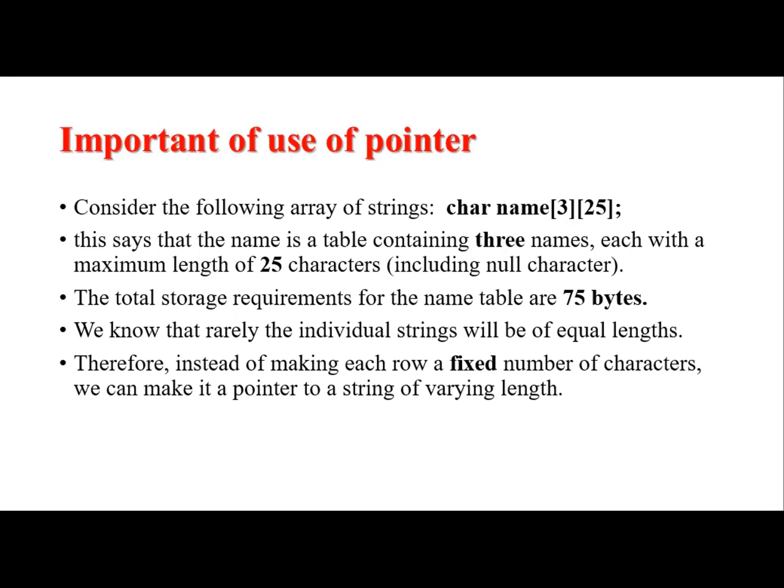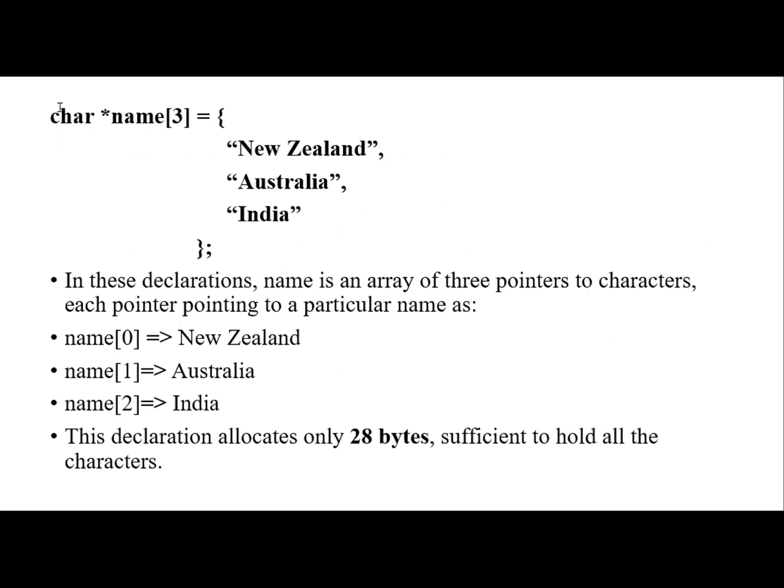And then by using the array as a pointer, we can define it based on the requirement. The pointer will allocate the memory accordingly. So in this example we have 1, 2, 3, 4, 5, 6, 7, 8, 9, 10, 11, 12 in the first row, then 13, 14, 15, 16, 17, 18, 19, 20, 21, 22, then 23, 24, 25, 26, 27, and null 28.